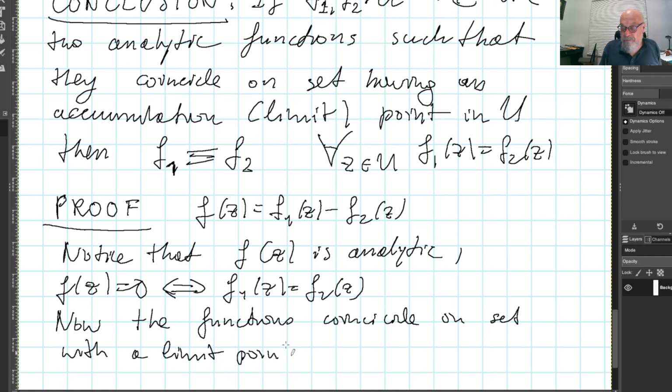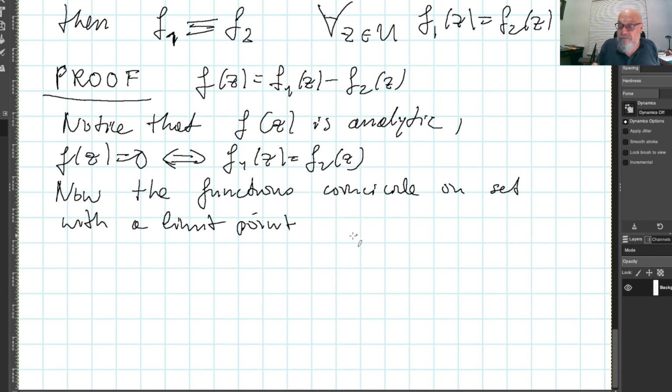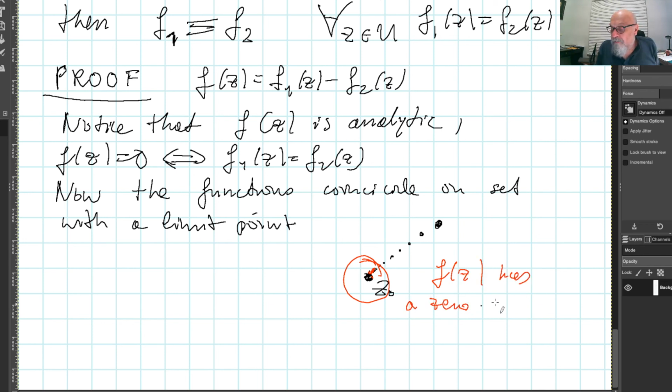And what does it mean, limit point? We have here a point z0, and then it coincides here, coincides here, coincides here, and of course coincides there. So you see, this limit point is not isolated, because for any neighborhood, you have other points from this sequence where these two functions coincide. So that means f of z has a zero that is not isolated.